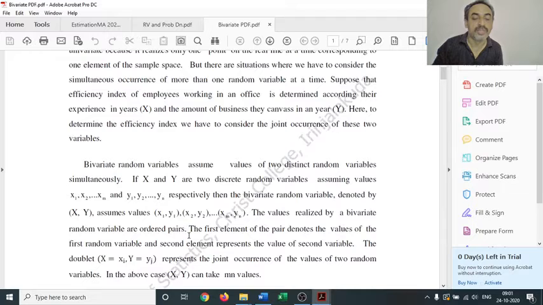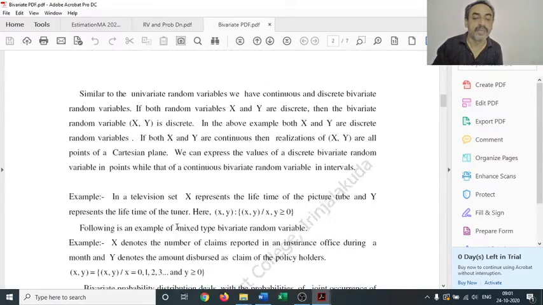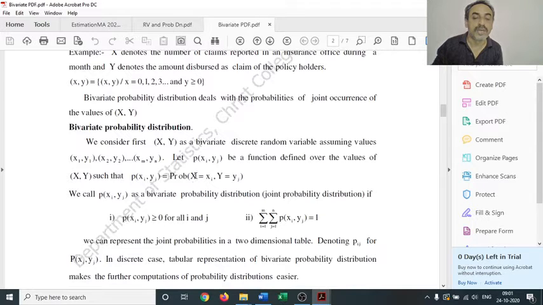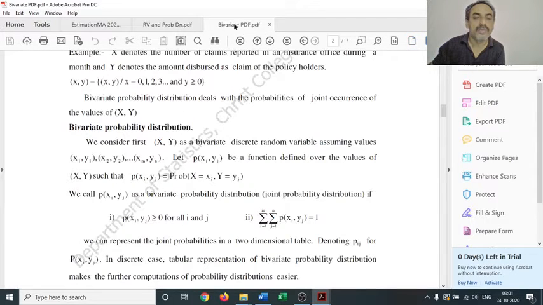In a bivariate probability distribution, we deal with the probability distribution of the two random variables simultaneously. That means we address the probability of X equal to xi and Y equal to yj, and it is denoted by p of xi yj. So the bivariate probability distribution is a simple extension of the univariate into a bivariate setup. You can see the univariate equation: p of xi is equal to the probability of X equal to xi. But when we come to the bivariate setup, it is extended to the joint occurrence of two random variable values together.